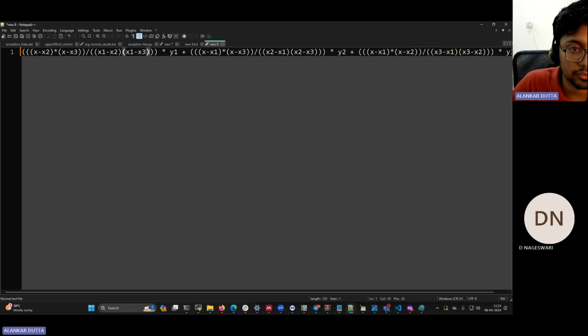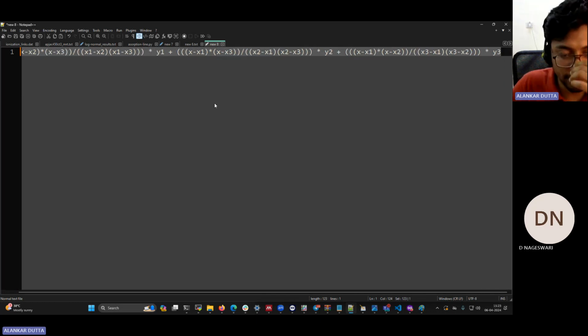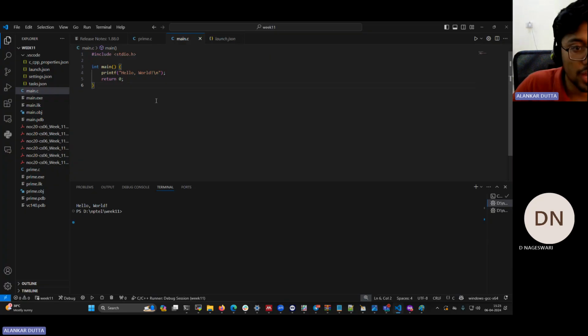Now I'll just copy this entire thing, and let's write a very small C code which is going to make this calculation. As you are all familiar by this week, this is the general C code that we have, the hello world code, and here we will be defining the values of x.